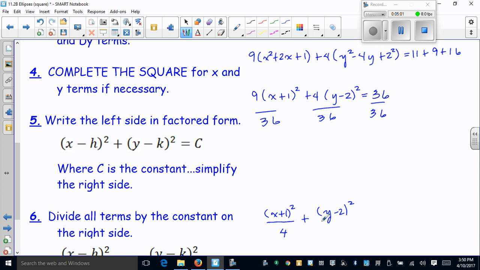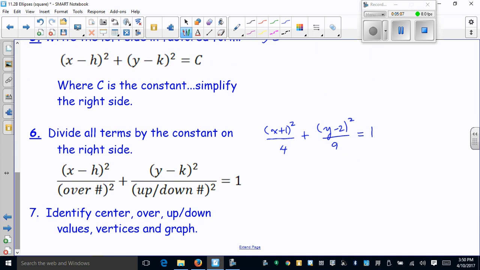Now we have an equation that we're used to working with, and we can identify the center, our over, up, down number values, and then the vertices and graph. So on this one here, your center would be -1, 2. This would be 2 squared. This would be 3 squared, which tells us this is a vertical ellipse.